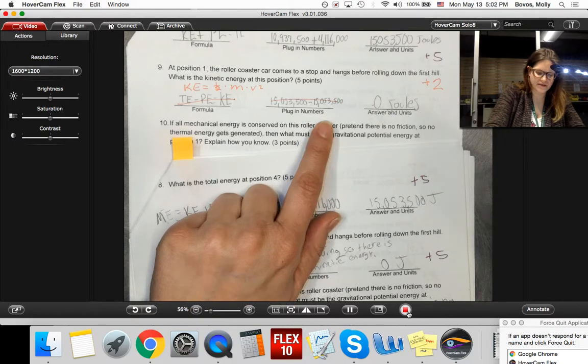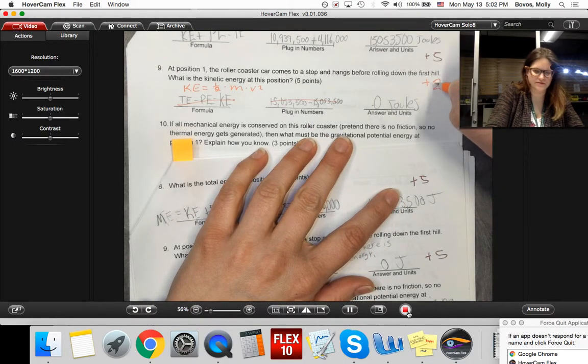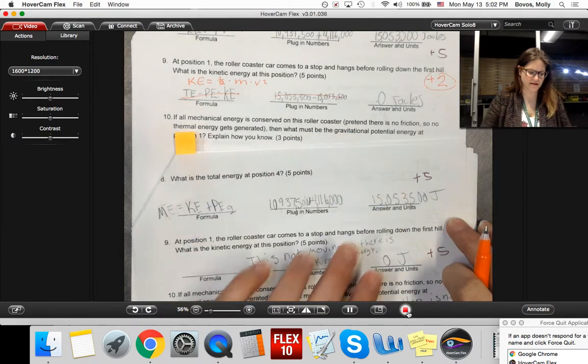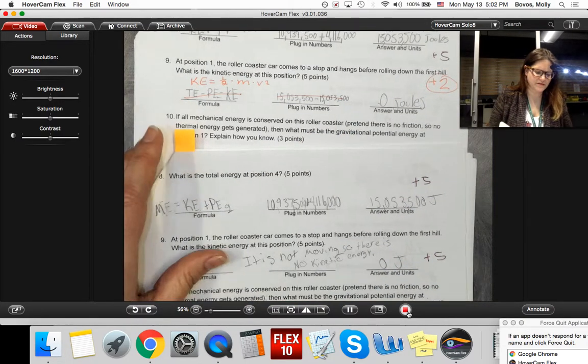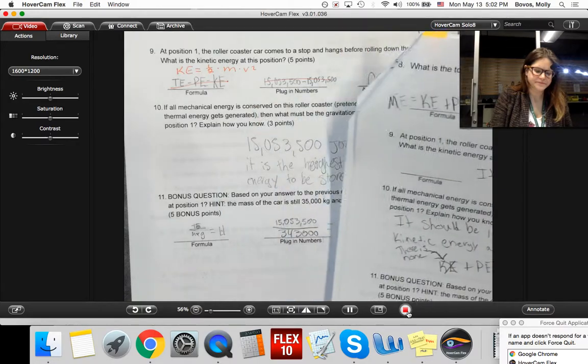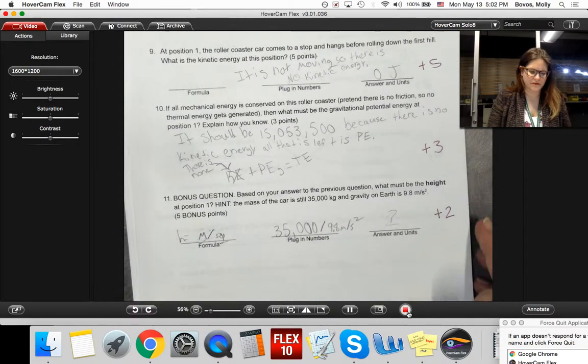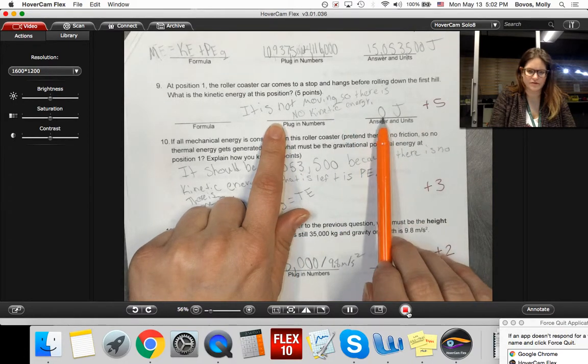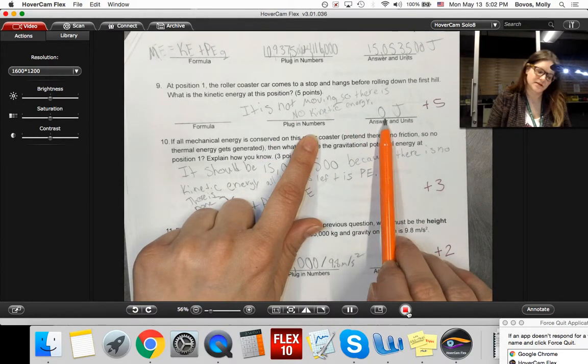So I guess I can kind of see where this student is coming from, so I might go back and give that student some points back. That's a tricky response. But really what I'm looking for here is just that it's no motion, so no energy.